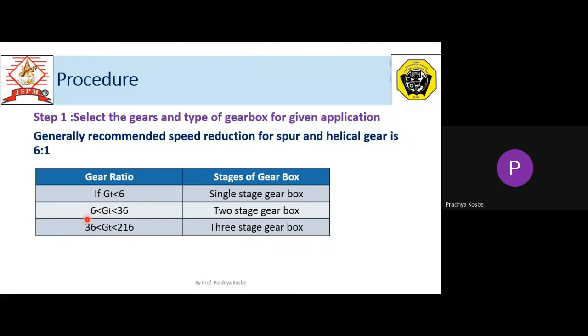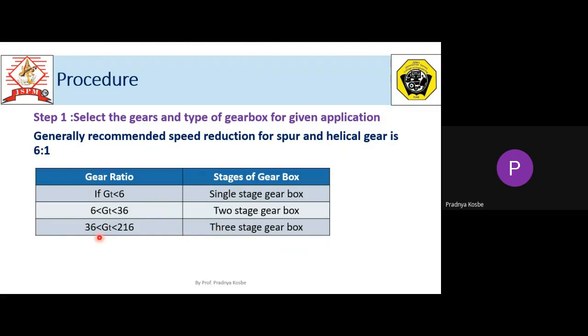If total gear ratio is greater than 6 but less than 36, then a two-stage gearbox is required.